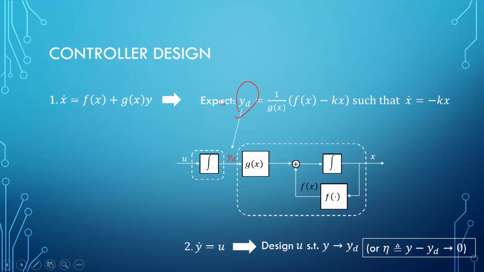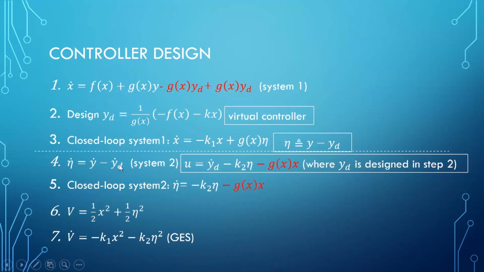And the second system is responsible to design a controller that enables y to track YD. So the objective for the second system is to enable eta to be 0, so that y can track the YD, which is designed from the first system.